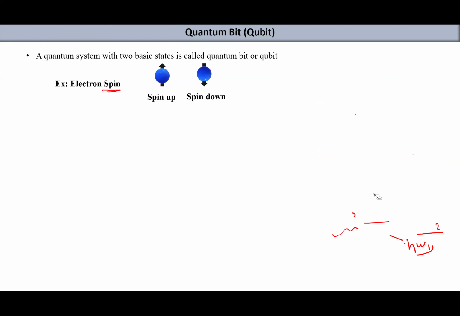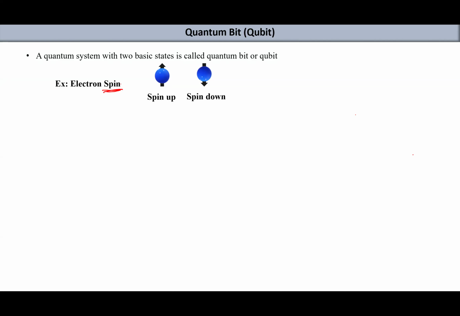Okay, so coming back, in principle, not only spin, any 2 levels can be used. And slowly, I will go a step ahead, and I will show not only states, but even phase also. 2 phases can also be used.